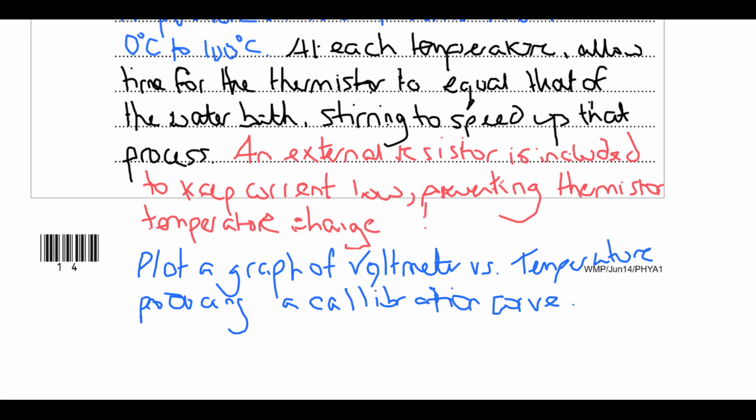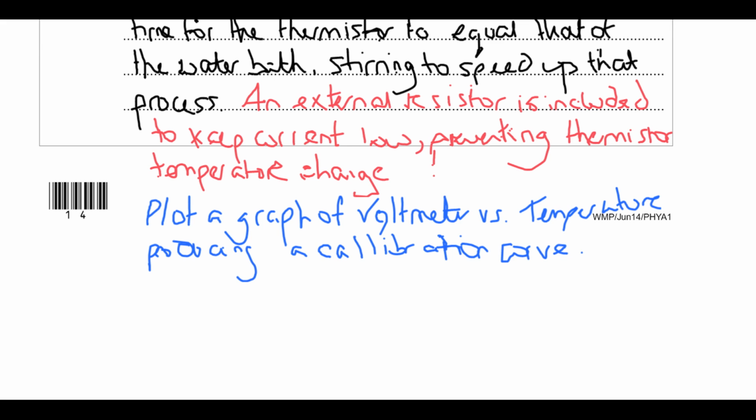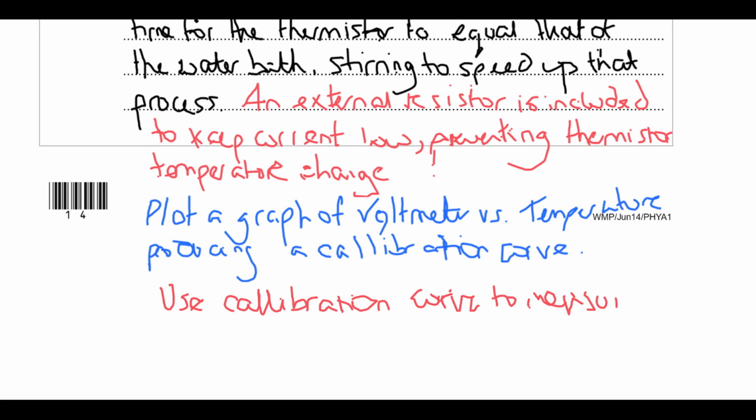Okay, that looks better. That T is still suspect. Anyway, we've got our calibration curve, and then we can use that calibration curve to measure temperature from voltmeter readings.